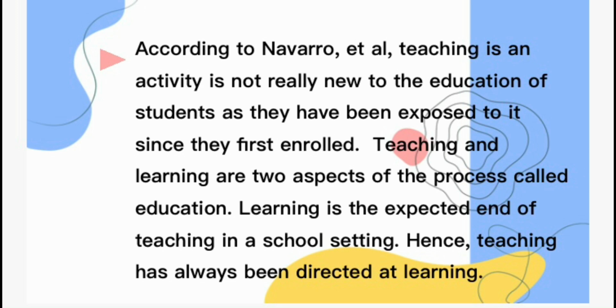It is through effective teaching that students are able to learn and develop their cognitive abilities, critical thinking skills, and problem-solving skills. Teaching and learning are interconnected aspects of the education process, with teaching being directed at facilitating learning.